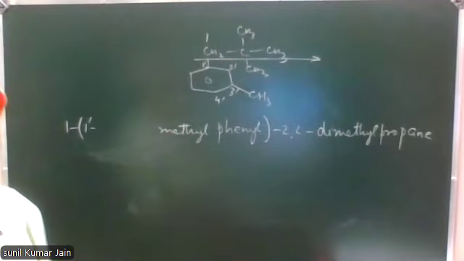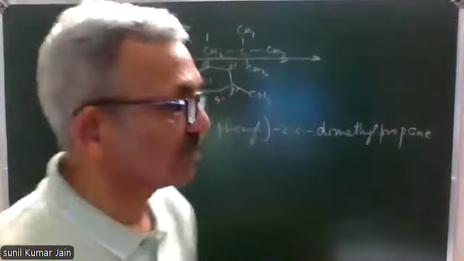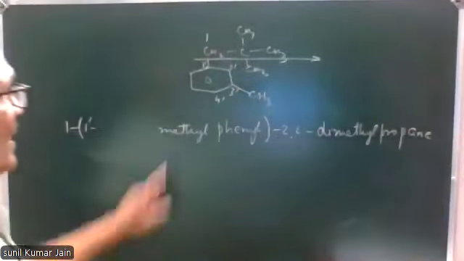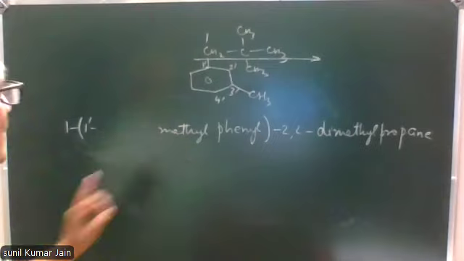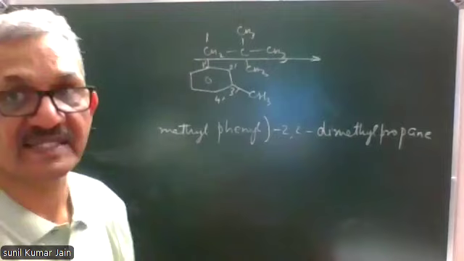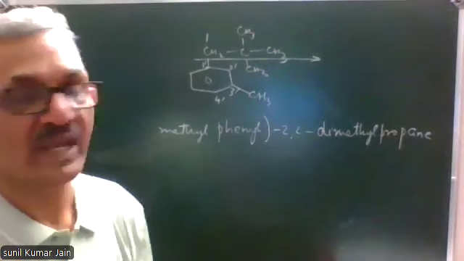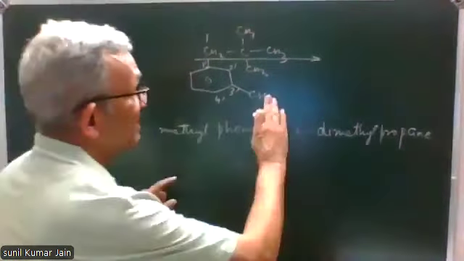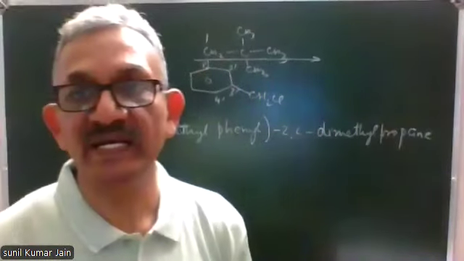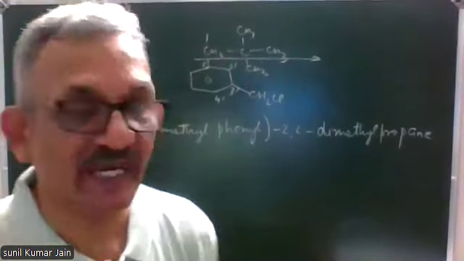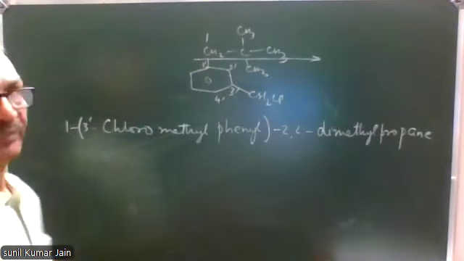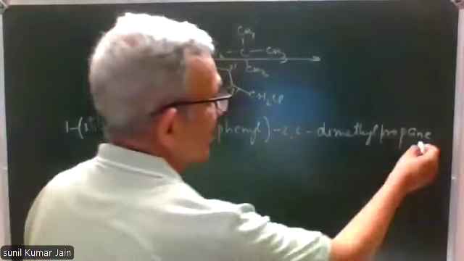So I can say on first carbon of propane, 3 dash methyl phenyl is attached. Right? Now, this methyl is attached to chlorine. It means it is not methyl, it is chloromethyl group.